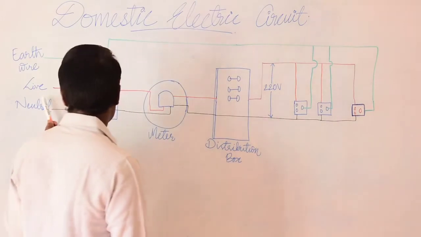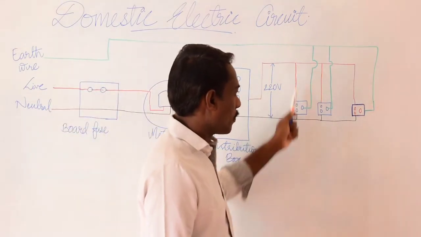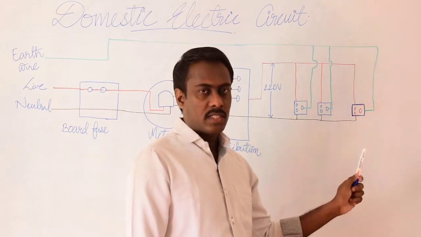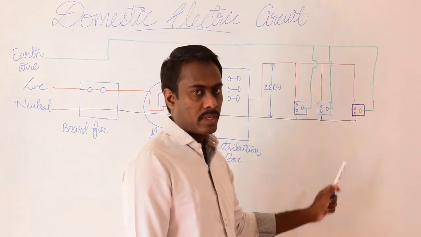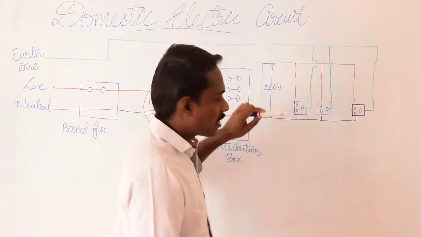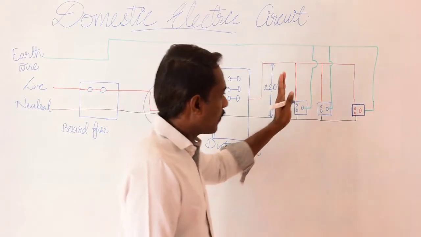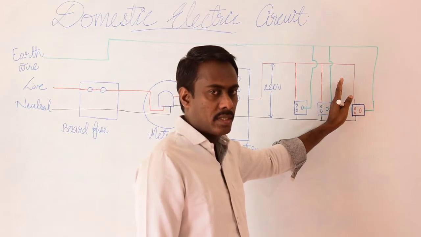The neutral wire and live wire are then connected to the various appliances. Each appliance has a switch we use to turn that particular appliance on and off. They are connected in parallel in such a way that different appliances can be used at different times.